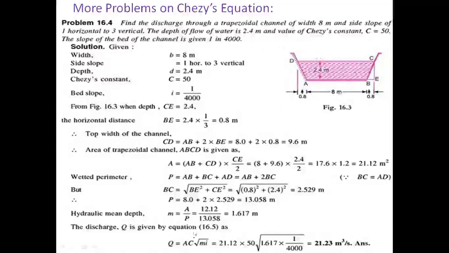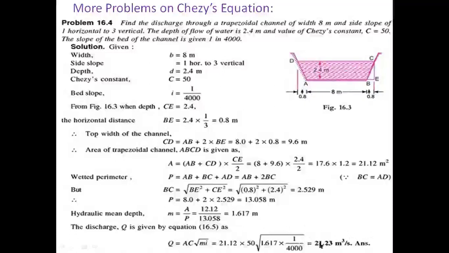Now, in the question, find the discharge of the trapezoidal channel. Using the Chezy constant value, the formula for the discharge is Q equal to AC root mi. A equal to 21.12 square meters, into the Chezy constant value already given as 50, into root of m, the hydraulic mean depth value 1.617 meters, into 1 by small i, the bed slope value given as 1 by 4000.